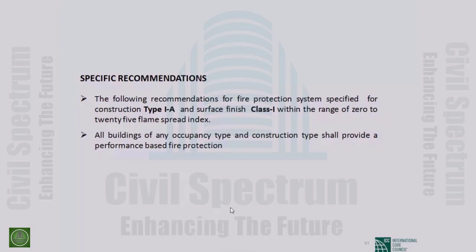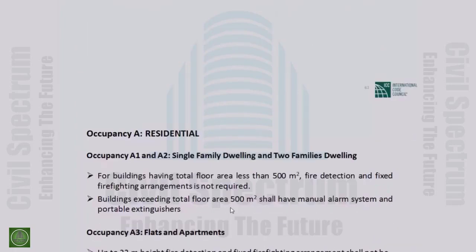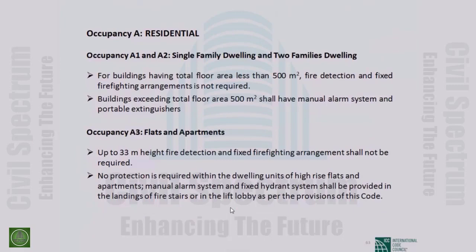For any occupancy type and construction other than this, the design will be performance based. If there is any change from type 1A or class 1, then the design will be performance based. So with this assumption, there are some recommendations.